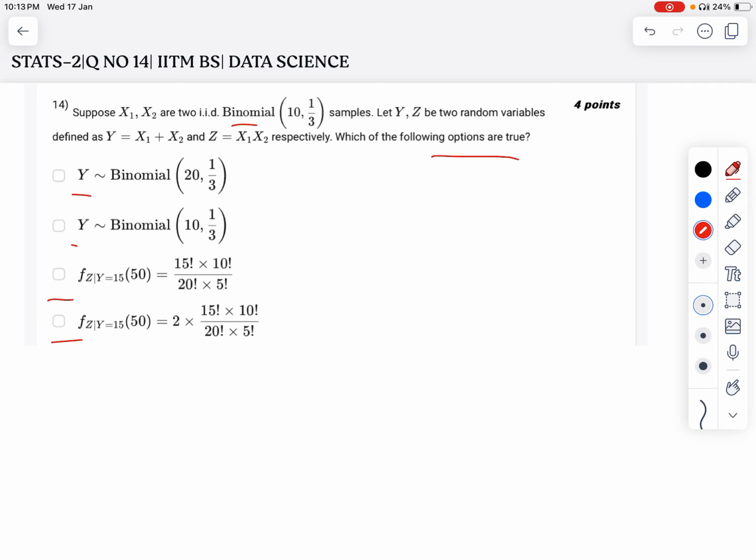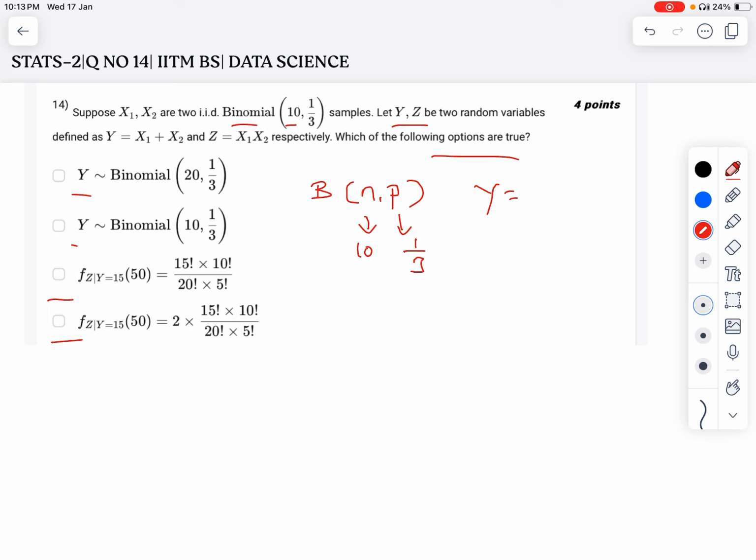And here in the question they have clearly mentioned it is a binomial distribution. Usually binomial distribution is represented in the form of n comma p. So in the place of n they have given us 10 and in the place of p they have given us 1 by 3, and they have given Y and Z as two random variables.